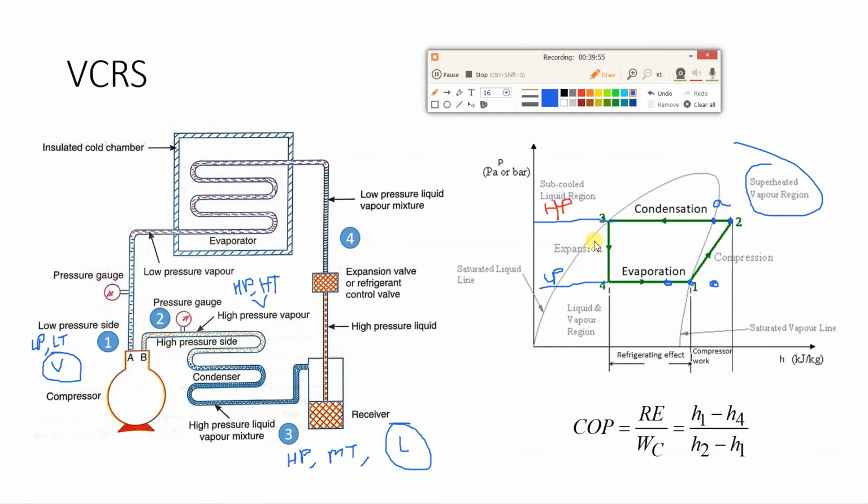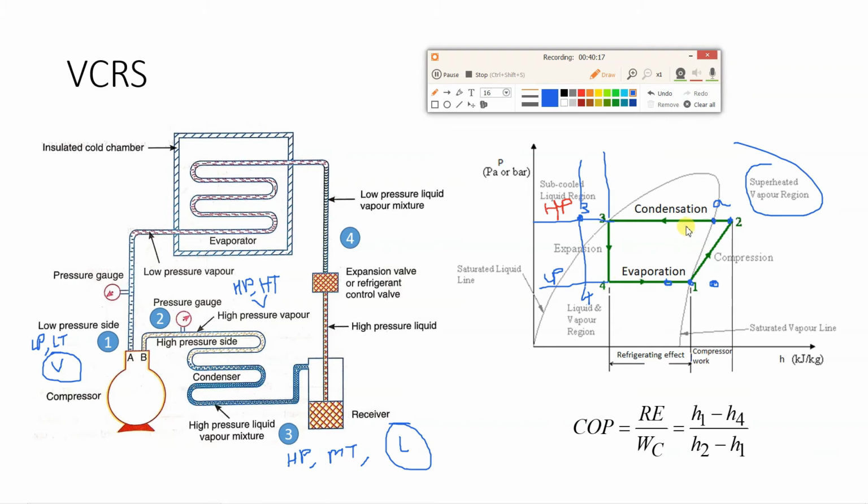Similarly at point 3 we can have either saturated liquid or we can do subcooling also. So this point number 3 can shift over here. So this will be point number 3 and point number 4 will be over here. So if point number 3 goes in subcooled region, so that will be subcooling. So from this point to this point, this will be subcooling in condenser.